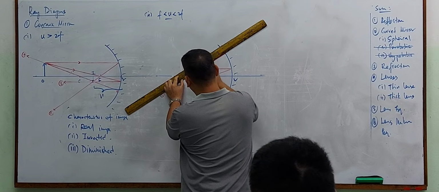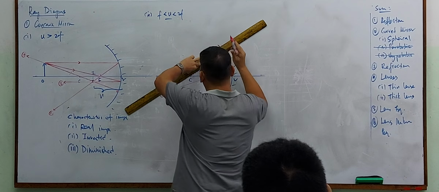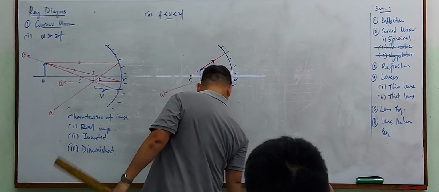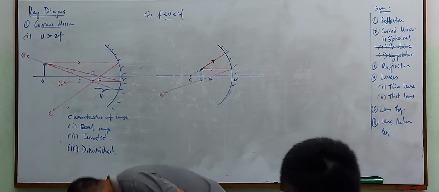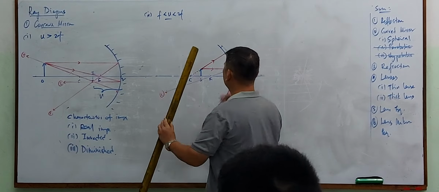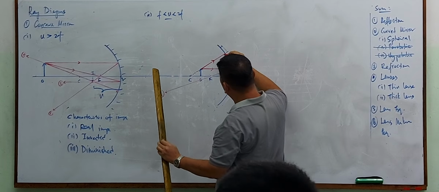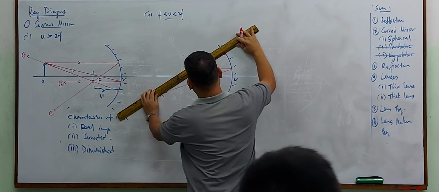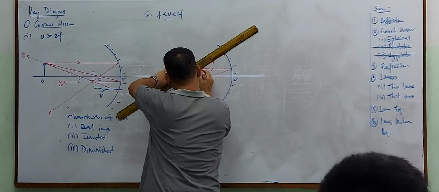And normally this one is a dotted line, but because this one hits the mirror at 90 degrees, definitely it's going to reflect at 90 degrees also.